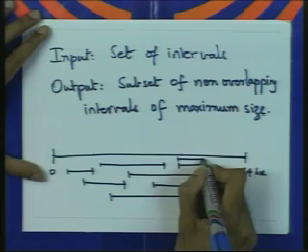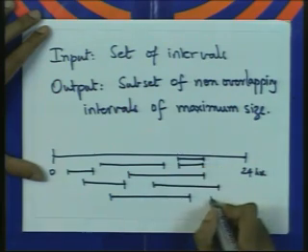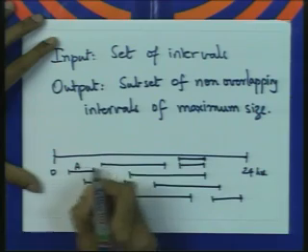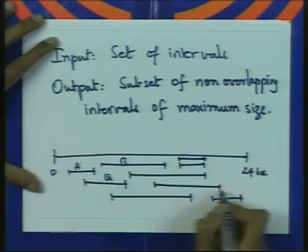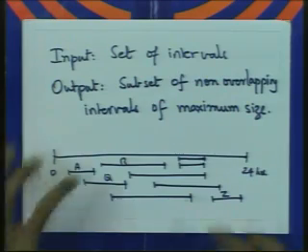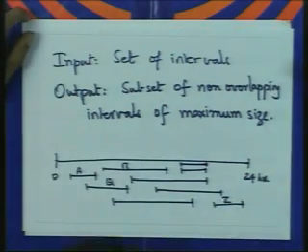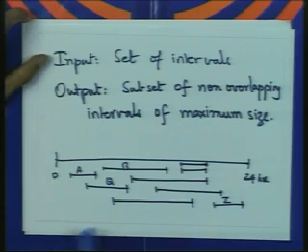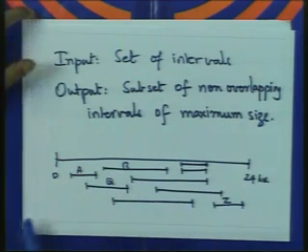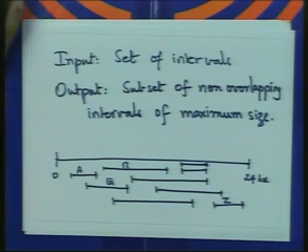Two people may want the same thing, that's also possible, and so on. So this is how the input looks, person A, B, Q, Z. Each person gives you an interval, and you want to pick a subset of these intervals so that they do not overlap. So if I pick A, I cannot pick Q. I can pick B, but I cannot pick Q. And I want to pick a maximum number of these intervals.